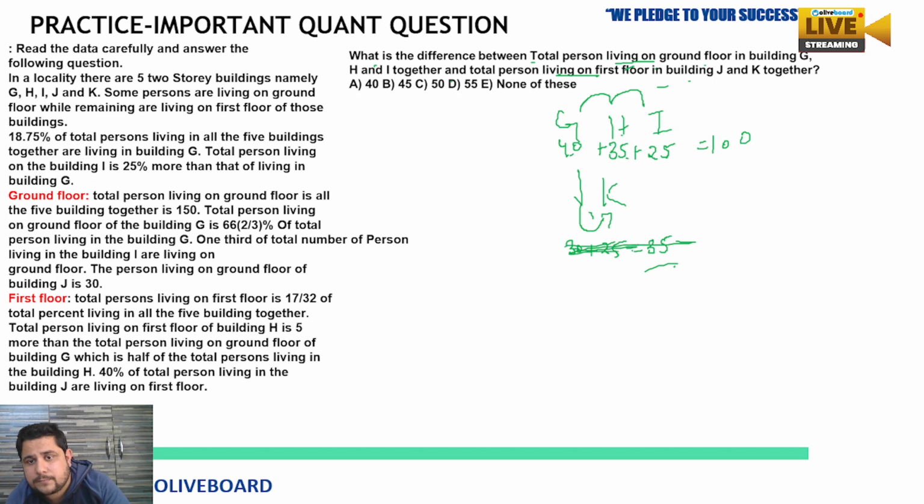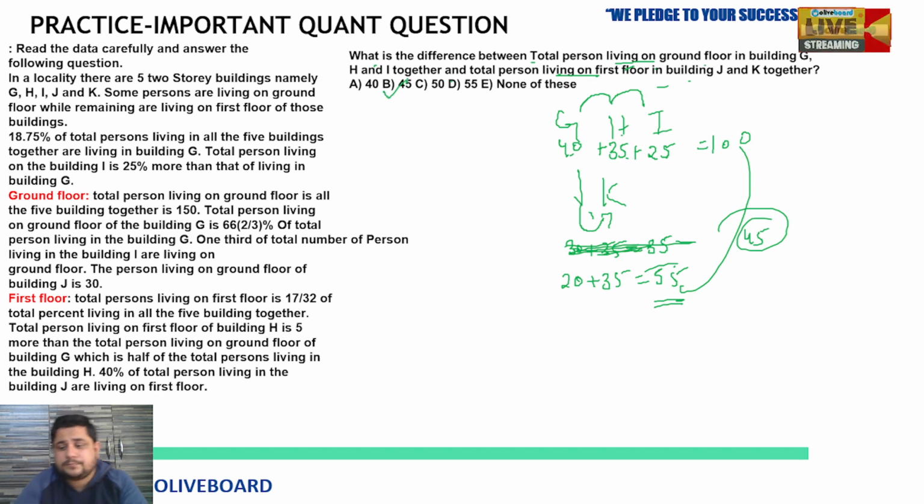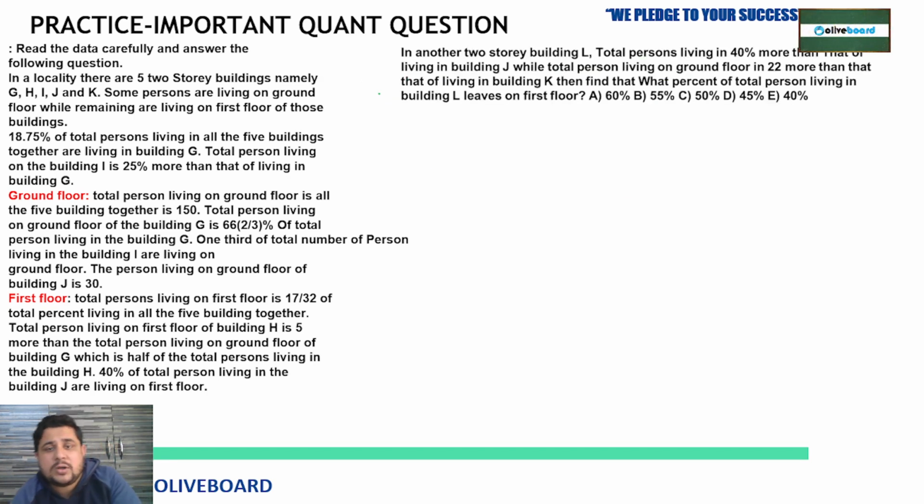Sorry, 20 plus 35, so you are getting 55. So 100 minus 55, 45 is the correct answer. Clear? Let's move on to the next.